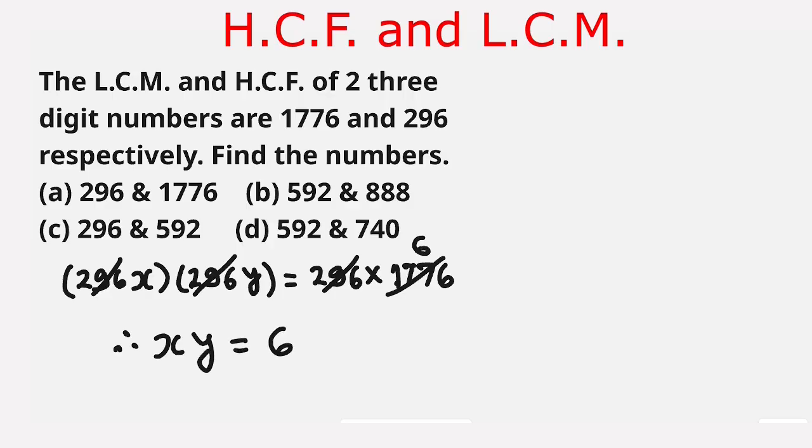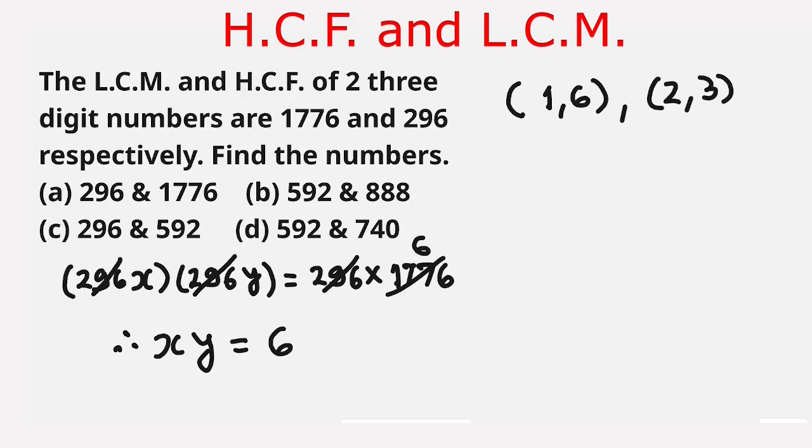If x into y is 6, then in ordered pair, we can assume the value of x and y as 1 and 6 or 2 and 3, as 1 times 6 is 6 and 2 times 3 is 6.